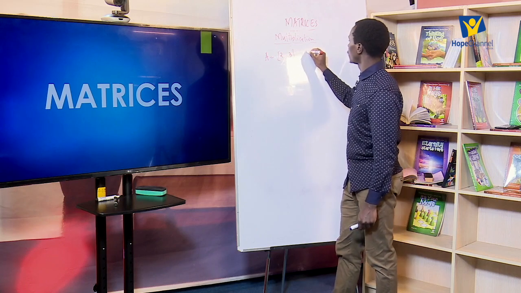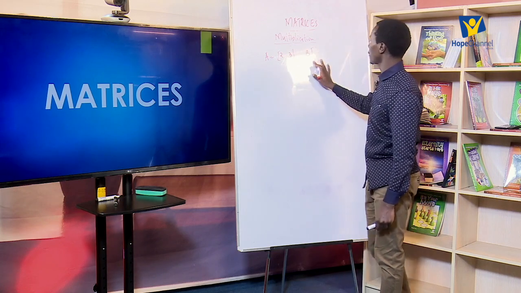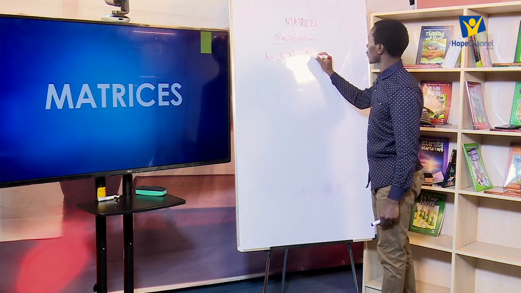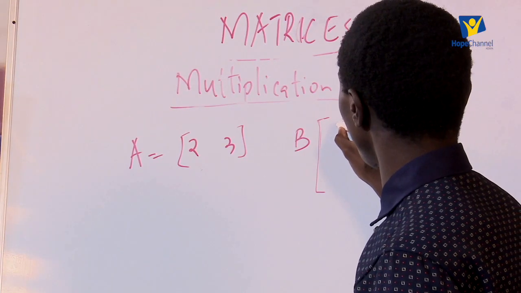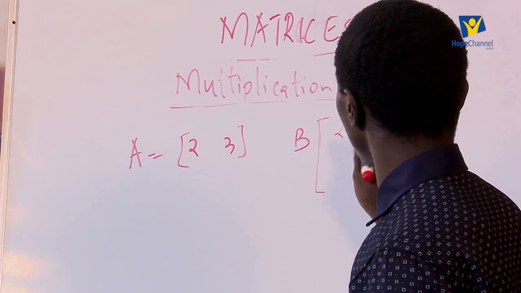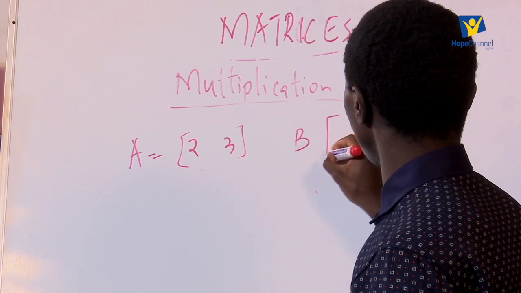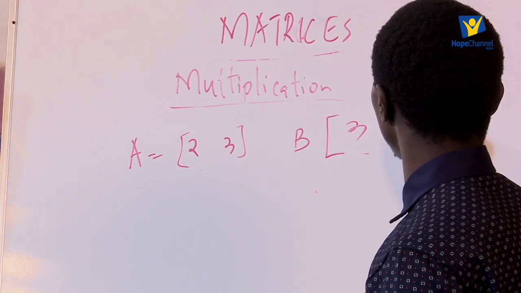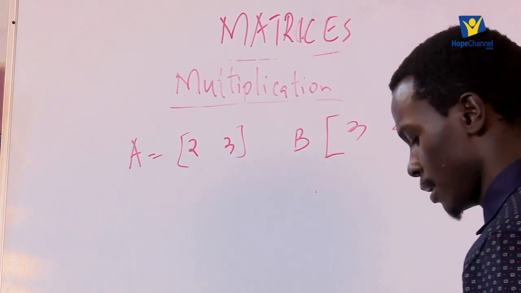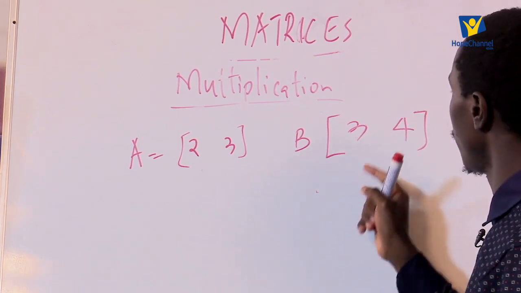And we have another matrix B, which is 3, 4. Now look at that. We have 2, 3, and 3, 4.